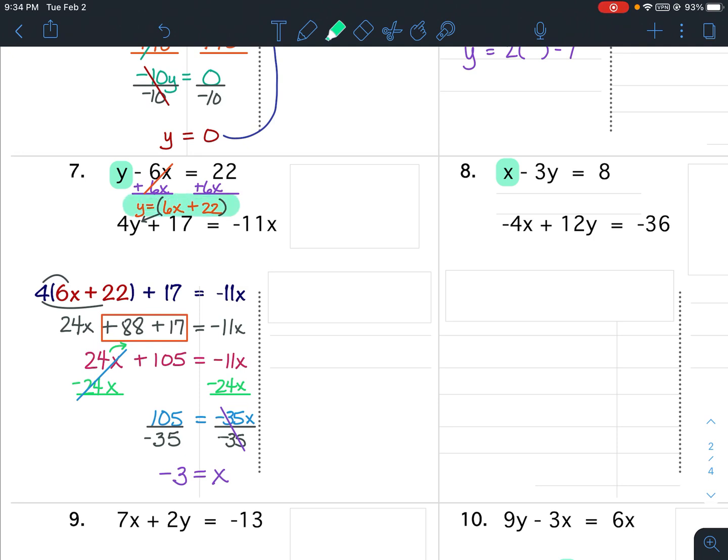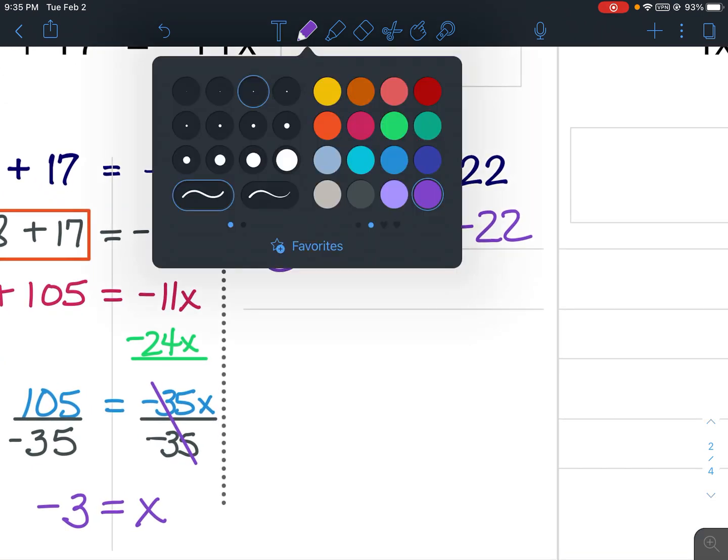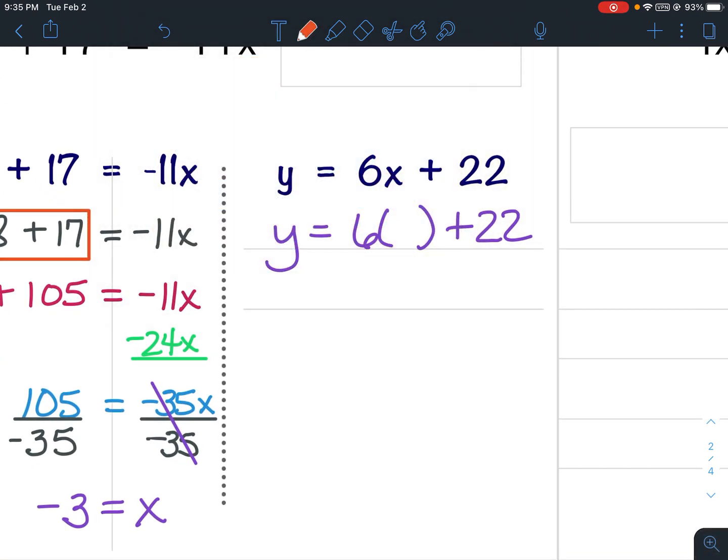So I need to take this equation y equals 6x plus 22 and rewrite it. And wherever you see a variable, that's where you put the parentheses. So it would be y equals 6 parentheses plus 22. And I'm going to take this negative 3 and plug it in for the x.